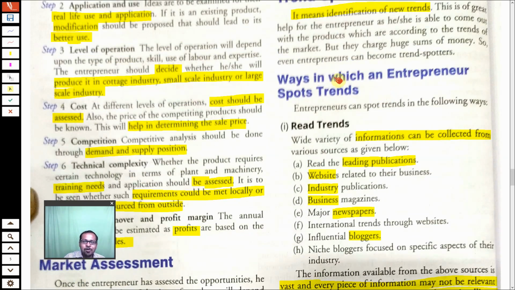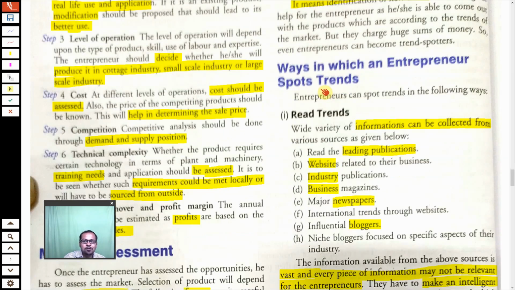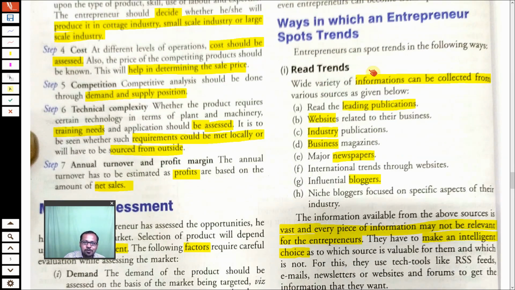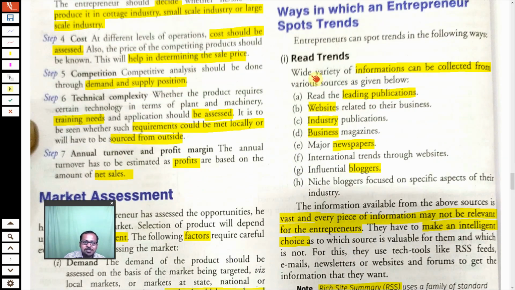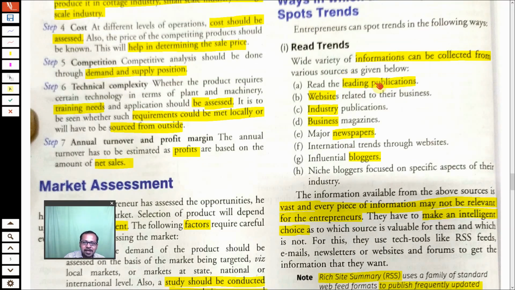So how can an entrepreneur spot trends? For spotting trends, there are various ways. The first is reading trends. Now how can you read these trends? There are so many publications, so many websites, many business publications, business magazines, and many newspapers like the Economic Times, financial newspapers.